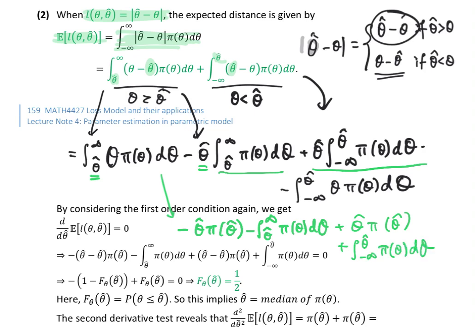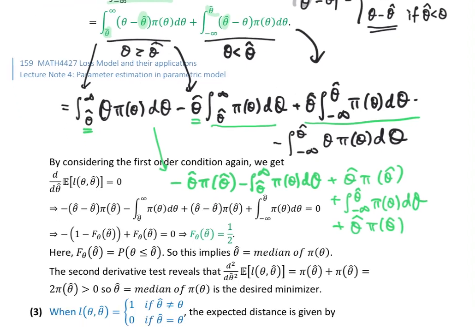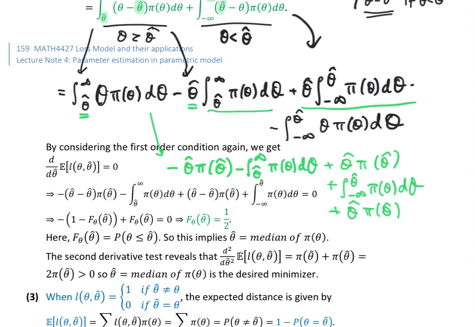Fundamental theorem of calculus. And then for the last one, you substitute this. So this is basically what you get after you differentiate this with respect to theta hat.